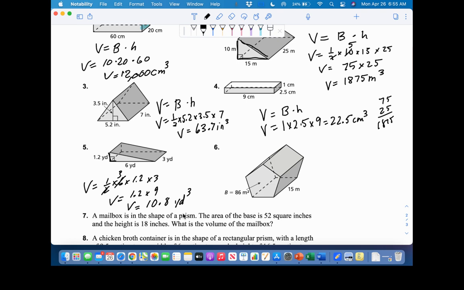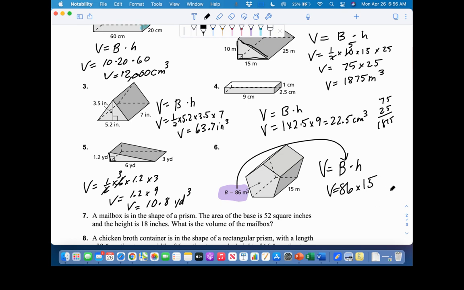Now this one is interesting because they just give you what the area of the base is. So there's a few of them here where you're going to be given B. What that means is there's the formula for finding that's a little bit more complicated. So they're just going to give that to you. And so when you talk about the area of the base times the height, this 86 is going to be that area of the base, and then times the height, which is 15.